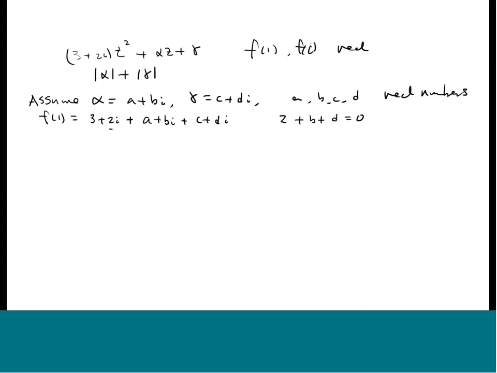Same thing for f(i): 3 plus 2i, then i squared, which is minus 1, times alpha, which is a plus bi, then z, which is i, plus gamma.